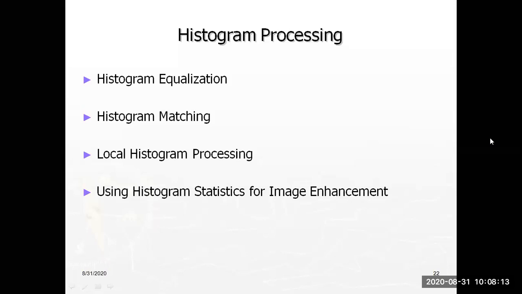Suppose there are 100 pixel values, and out of 100, 10 pixel values have the same intensity. For r9, the k value is 9. So the ninth pixel probability is given by the count of r9 divided by 100 pixels.